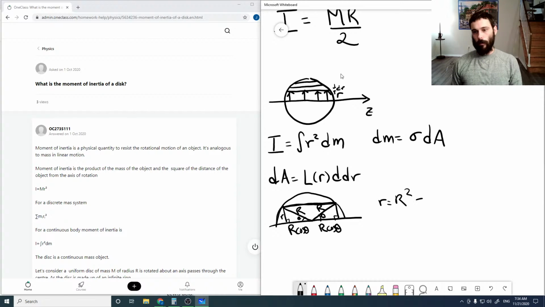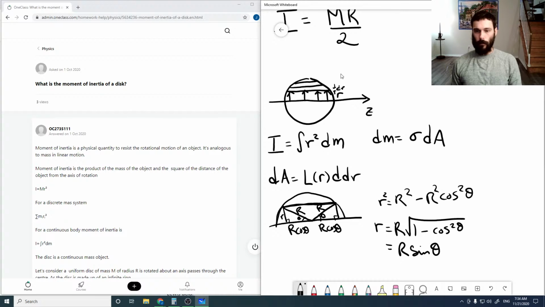R squared minus r squared cos squared theta, or r equals R square root of 1 minus cos squared theta, which means it's R sine theta, which, I mean, we could have figured out anyway.